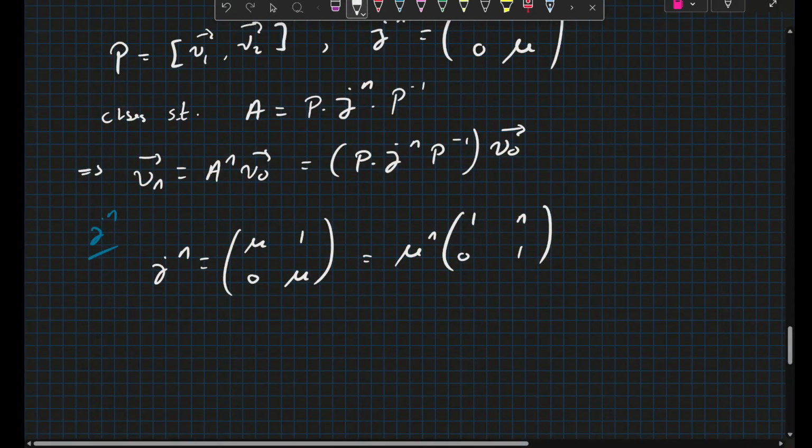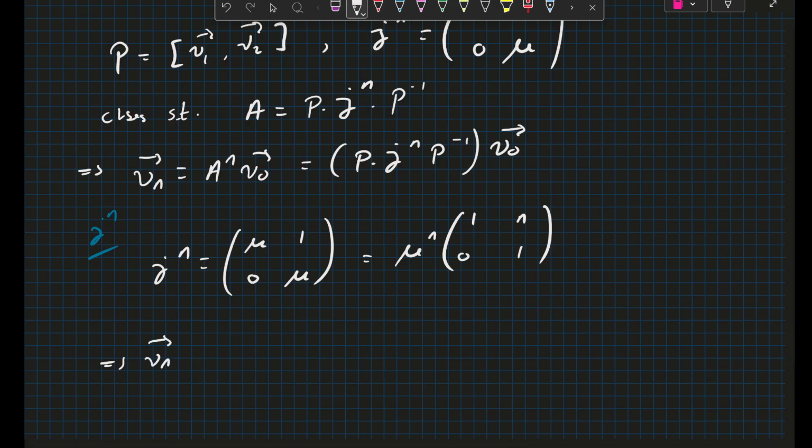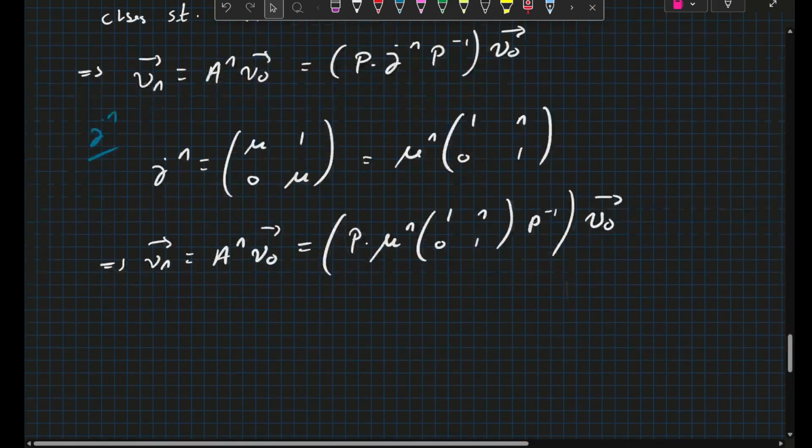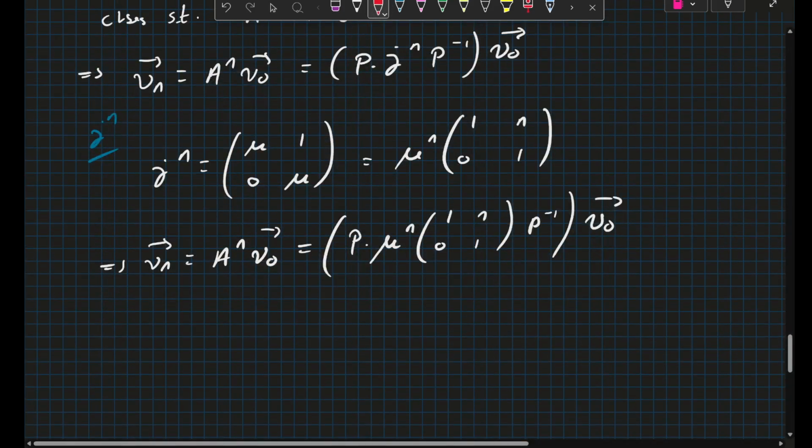Now, replacing J to the n with this new matrix, we still get Vn as A to the n times v0 equals the matrix P times mu to the n, 1, n, 0, 1, times P inverse times v0. So now we'll do some sort of approximation.